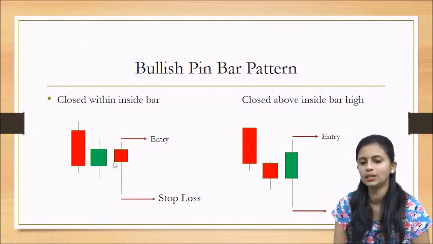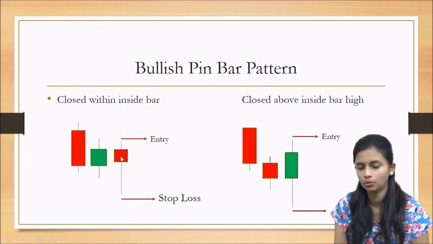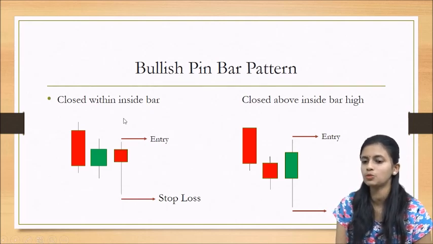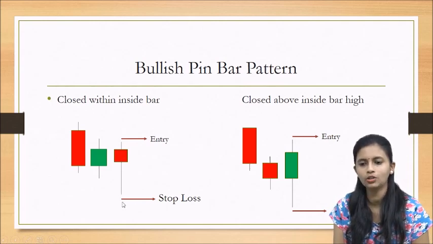Okay, so only these two cases you can consider, but make note of it that in both these cases the longest wick should be here below, not above. If it is above, then it will be bearish pin bar pattern. So if the wick is below here, it is long, then you can consider it as bullish pin bar patterns.